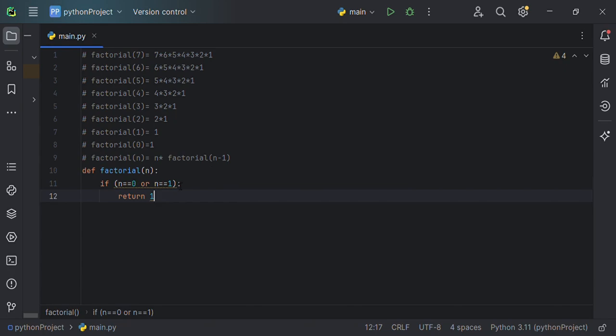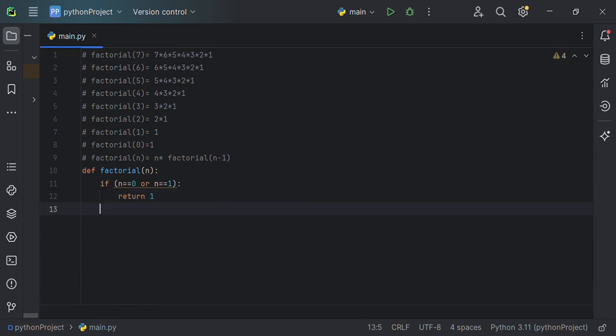As I said before, factorial of 1 is exactly 1 and factorial of 0 is by definition 1. So if we want to find the factorial of 0 or of 1, the answer is 1. This was the first part of the if.